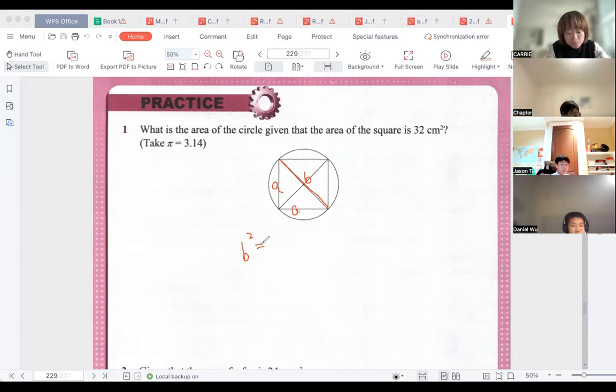A times A. Why is it A times A? So if we have a right triangle, if this one is 3, this one is 4, and this one is 5, the longer one equals the shorter ones squared plus together.